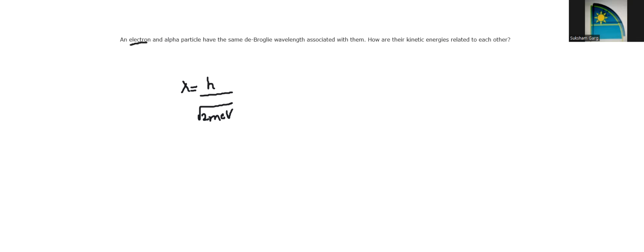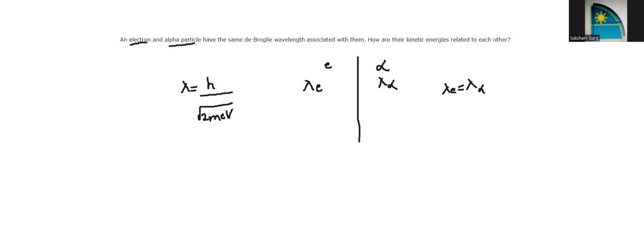We are given an electron and an alpha particle. Whenever we are doing any comparison type question, here you say electron, here you say alpha particle. They have the same de Broglie wavelength associated with them. So we can say here lambda of electron is equal to lambda of alpha. That's what we can tell. And next they are asking, calculate how their kinetic energies will be related to each other.